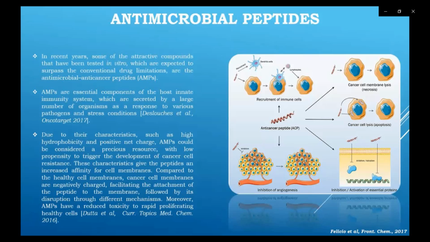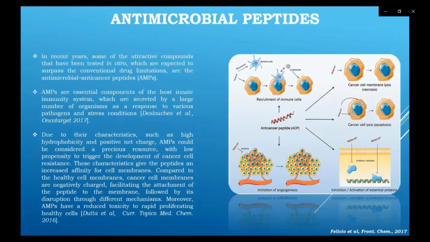The antimicrobial functions of cationic AMPs can be categorized into two major mechanisms. One, disrupting microbial membrane integrity via interactions with negatively charged components. And two, inhibiting the function and synthesis of intracellular DNA, RNA, and protein.